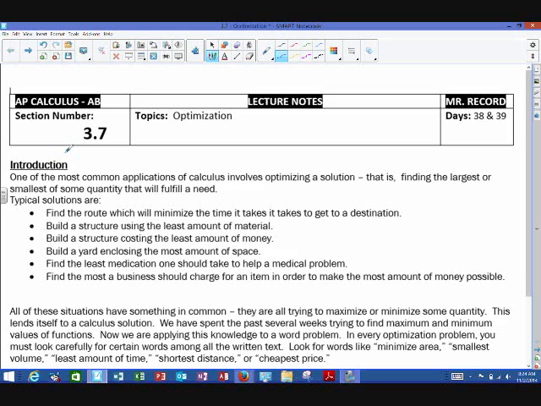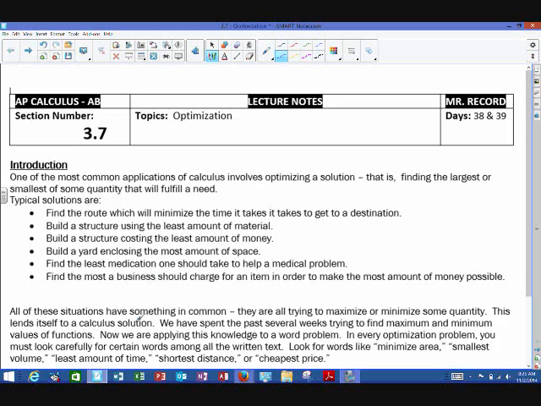I'm not going to read this first page. I know that you can all do that on your own, but this does do a pretty good job of introducing the fundamental principles of optimization, the kinds of things that optimization will allow you to do. You'll find out that it is one of the first really true, useful, real-world applications that you learn in AP Calculus.